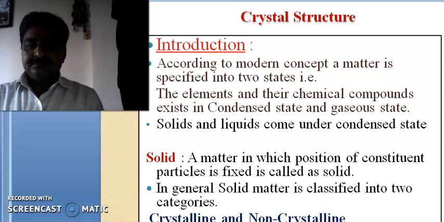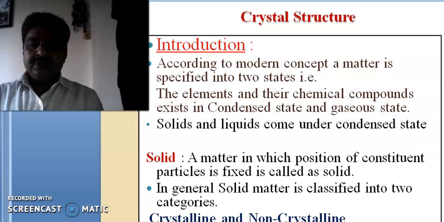You know, as per the modern concept, matter is classified into 2 states. That is, the chemical compounds and elements exist in 2 states.